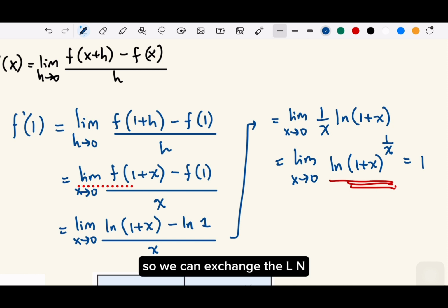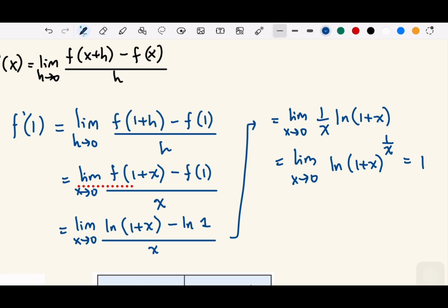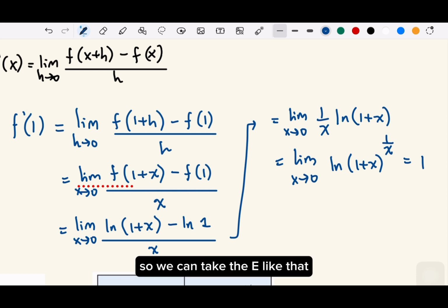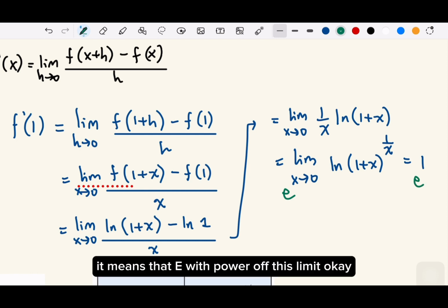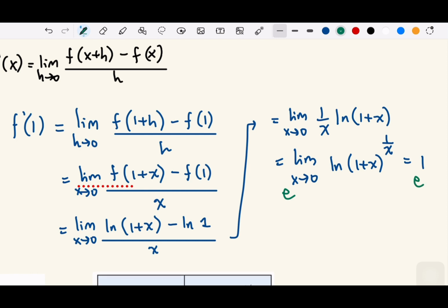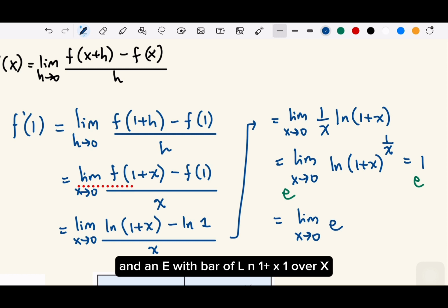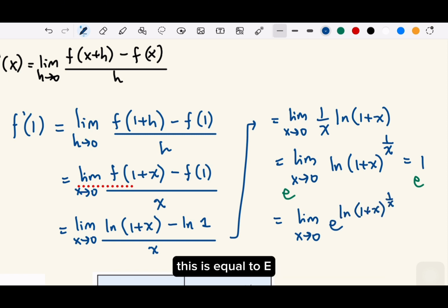So we can exchange the ln by taking e, okay? So we can take the e like that. It means that e with power of this limit, okay? Or we can write limit and then e with power of ln(1 plus x) times 1 over x. This is equal to e.